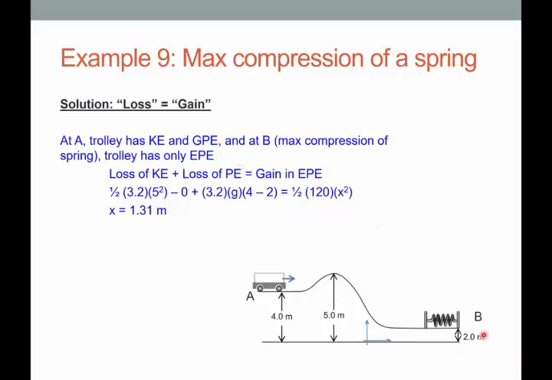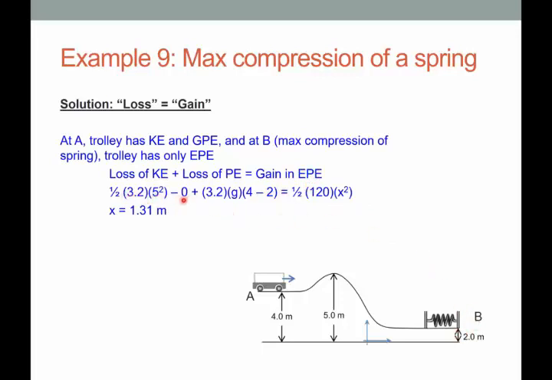At point B, when the spring experiences maximum compression, it has only elastic potential energy. Therefore, the loss in KE plus the loss in GPE of the trolley will be equal to the gain in the elastic potential energy of the spring at point B.